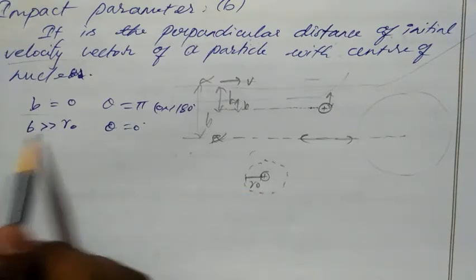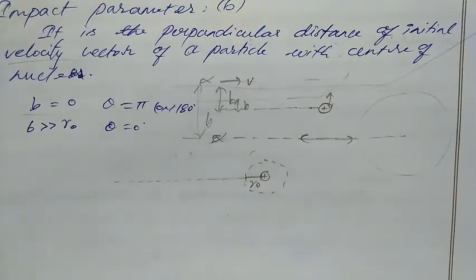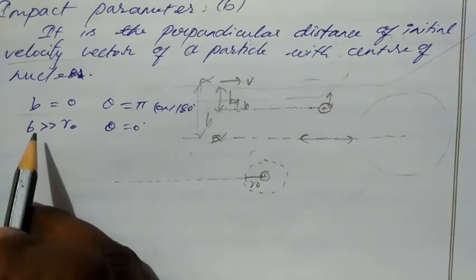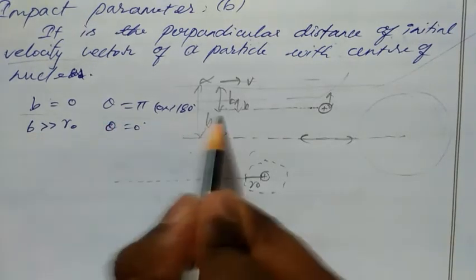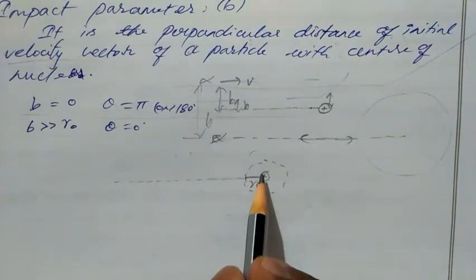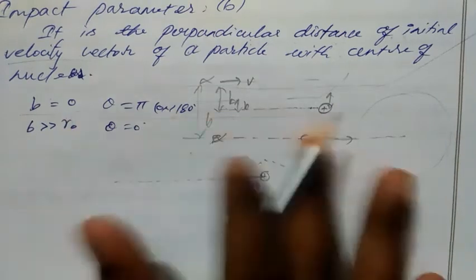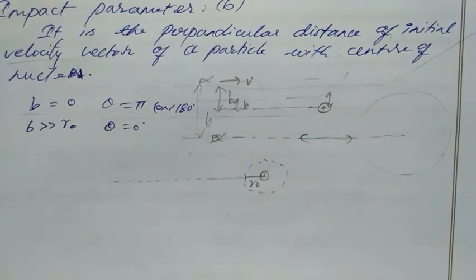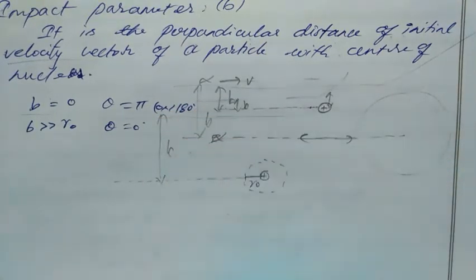If the b value is very much greater than r0, let's draw a perpendicular line. Then the alpha particle moves here, so there is no connection between this positive nucleus and the alpha particle. So it moves undeviated. Correct? Now see, this is our impact parameter.